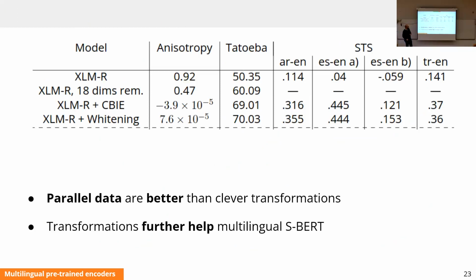And the other thing is that it significantly improves both the cross-lingual sentence retrieval, and this STS stands for, well, one S is semantic and the second S is similarity.